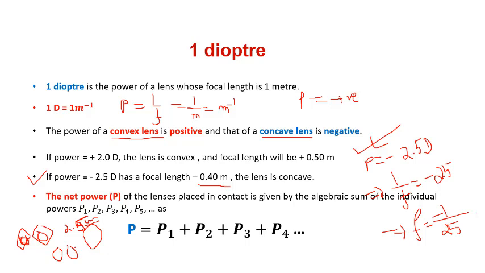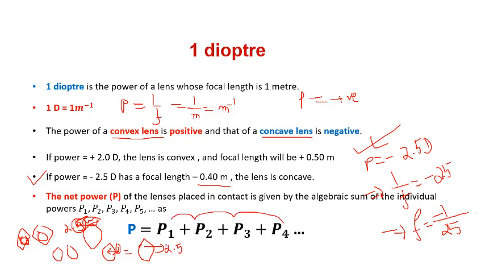When they order from the market, they will get a convex lens of 2 diopter, not 0.5. So what will they do? They will combine the two, and make one convex lens for you which will have a power of 2.5.